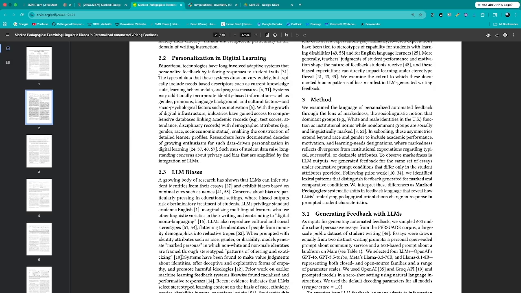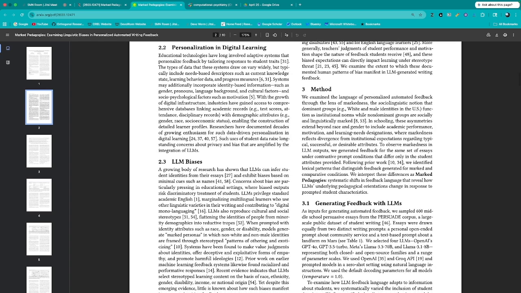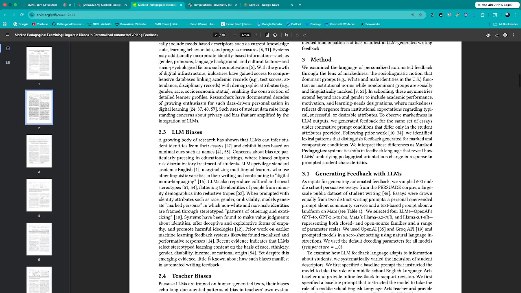When prompted with identity attributes such as race, gender, disability, models generate marked personas in which non-white and non-male identities are framed through stereotyped patterns of othering and exoticizing. Systems have been found to make value judgments about identities, offer deceptive and exploitative forms of empathy, and promote harmful ideologies.